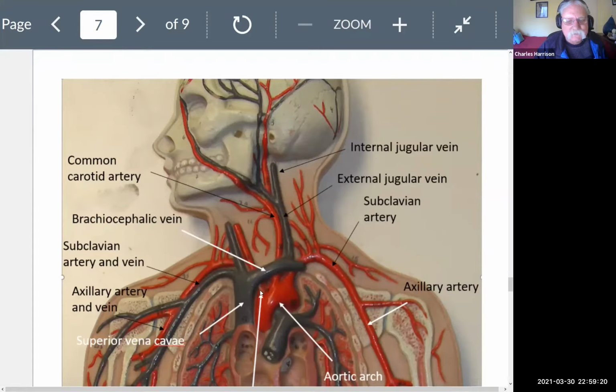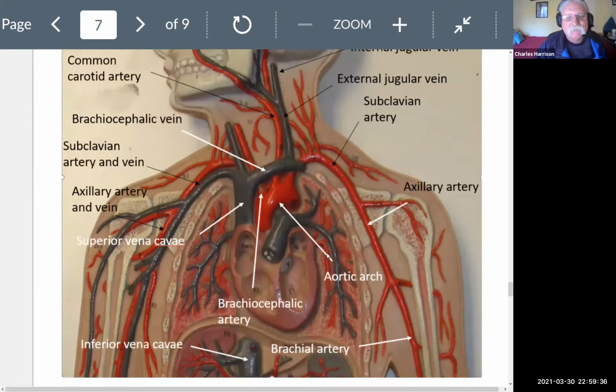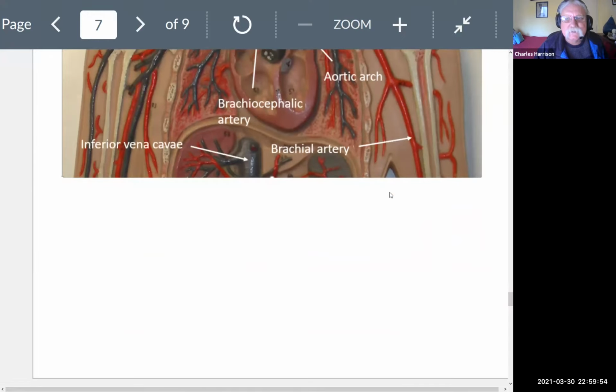The third one, say 1, 2, 3 off the arch, is the left subclavian, or just subclavian. We're just doing arteries for a second. Come down to the shoulder girdle, at least this far. And this is the axillary artery. Down farther in the arm is the brachial artery.